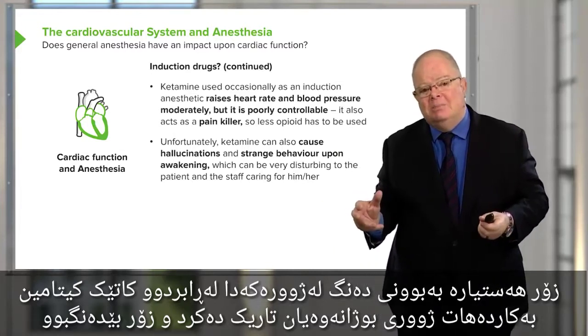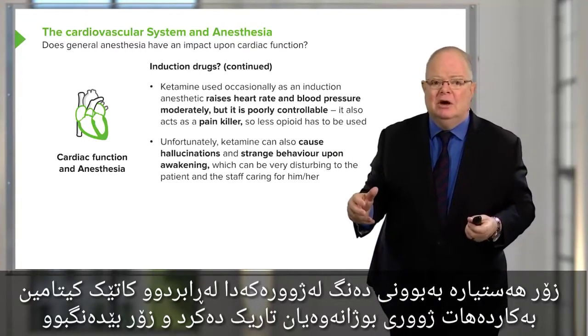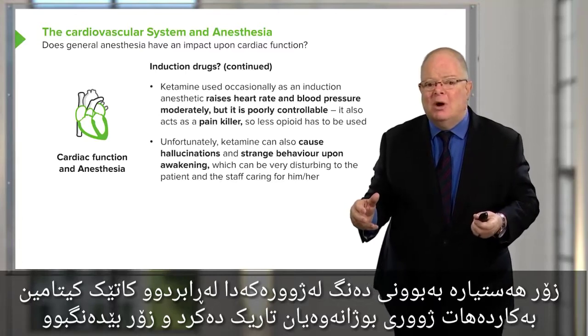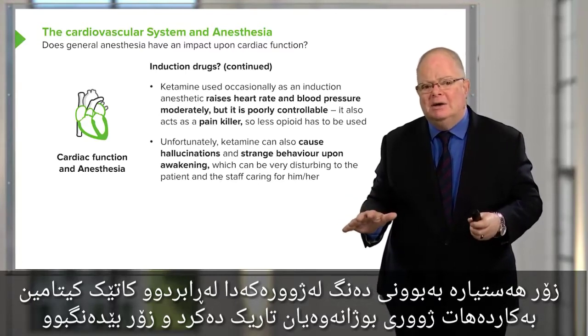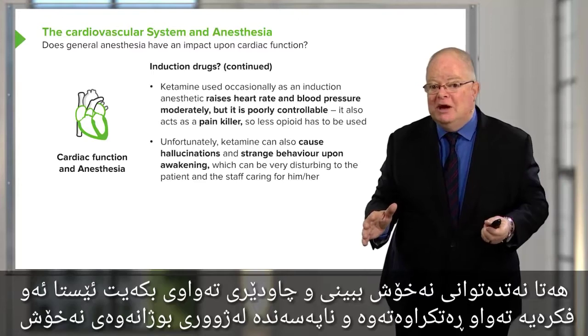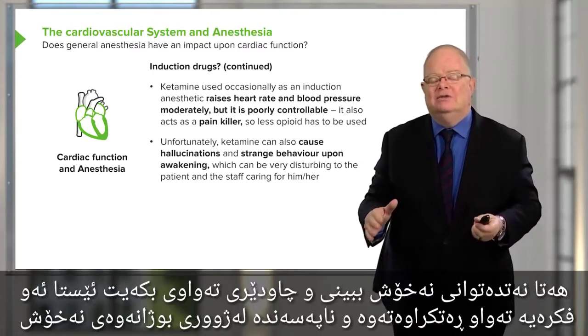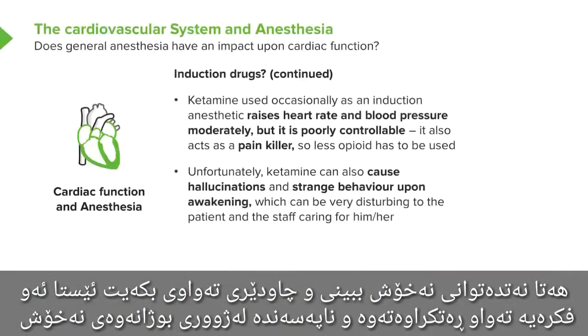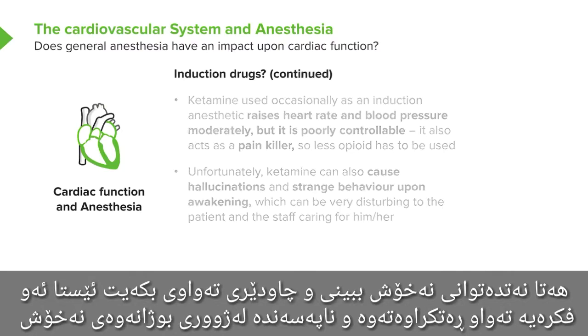So at the time ketamine was used fairly regularly in the early 80s, the recovery rooms were often kept dark and very, very quiet, which meant you really couldn't see your patient and monitor them adequately. So that was totally unacceptable, and we no longer accept that as a property within our recovery rooms.